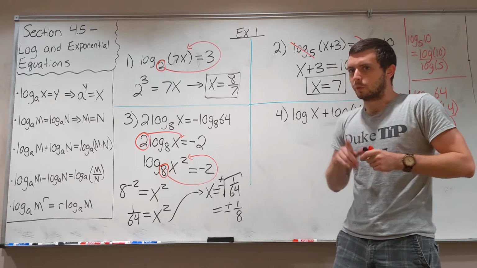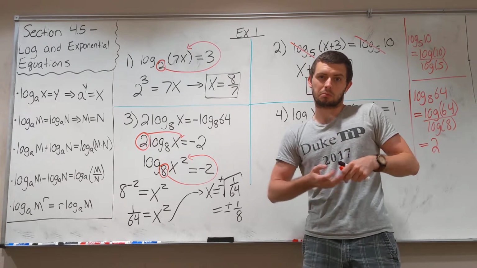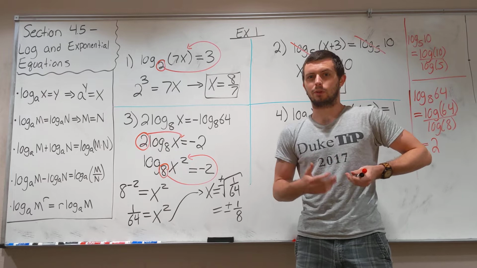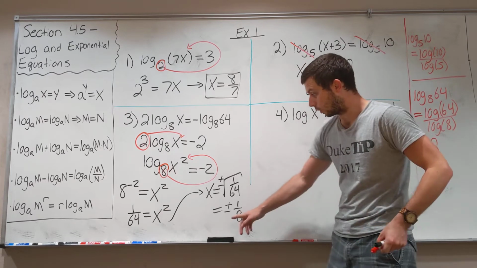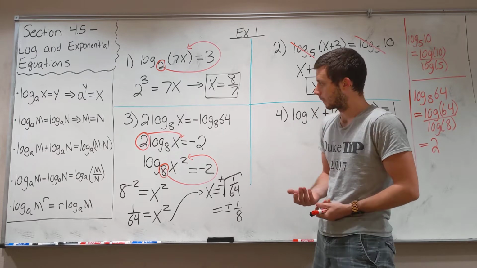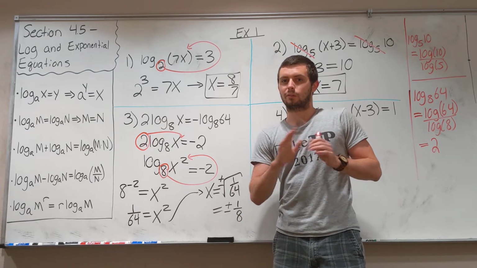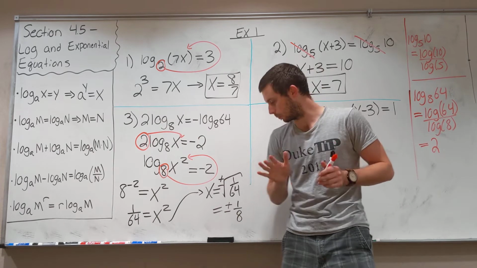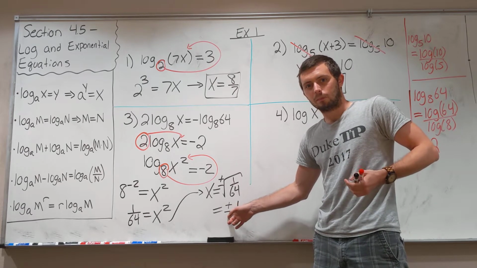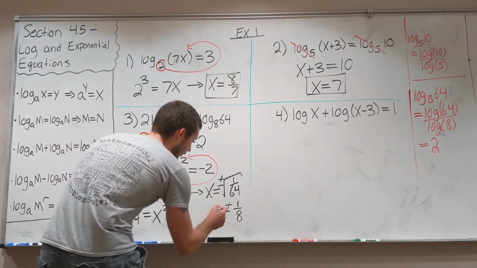However, we did have problems before where we had to test out our answers. Remember with even root problems. If the problem started off with an even root, you have to check your answers. Logarithms, it's the same idea, unfortunately. You have to check your answers. The reason why, remember, logarithms, they don't like 0, and they do not like negative numbers. That pretty much implies tossing the negative here on the 1/8.